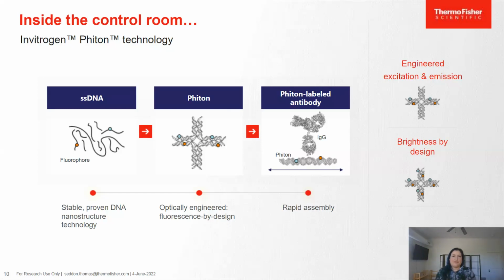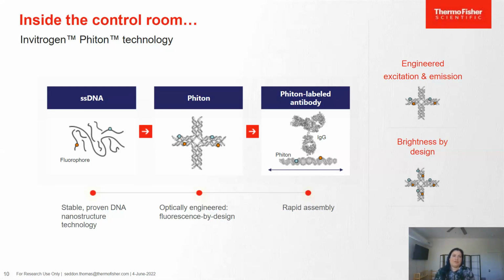So this is using FRET technology, positioning a donor and acceptor dye at specific positions to engineer this fluorescence by design. And then we can attach that to the antibody. We haven't done as much with this, but this does also enable us to tune brightness if we wanted to, instead of putting it on 2 of the arms, put it on more.